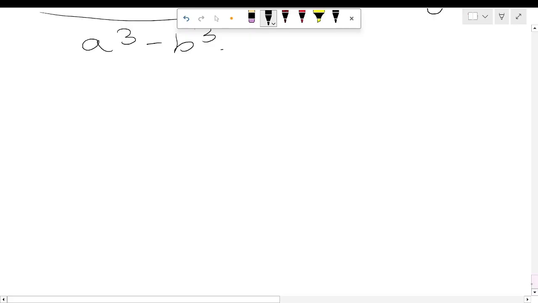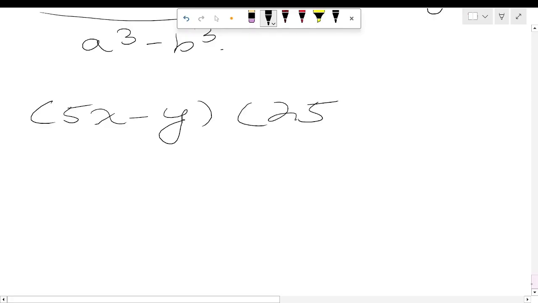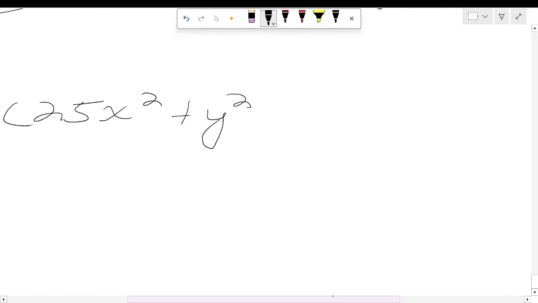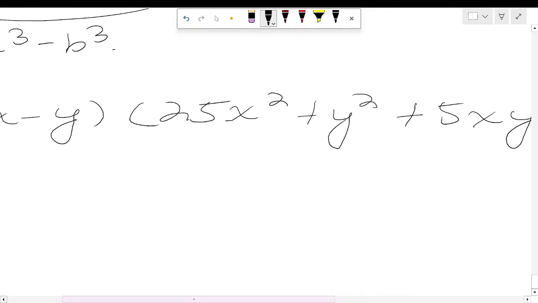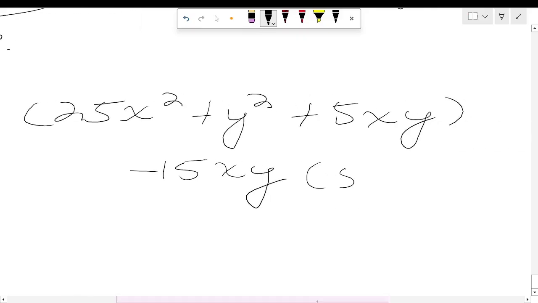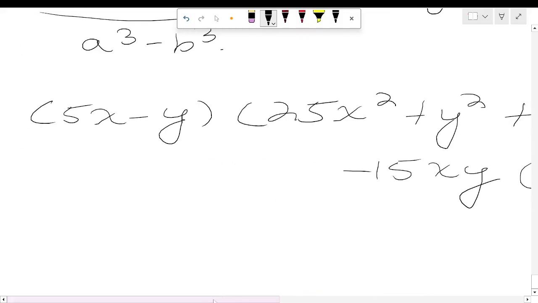We will write here 5x minus y and then 25x square, and we will write y square because we are simplifying it into the a cube minus b cube form. And then I'll write plus 5xy. Now the second part, which was negative 15xy, bracket 5x negative y will just remain the same.